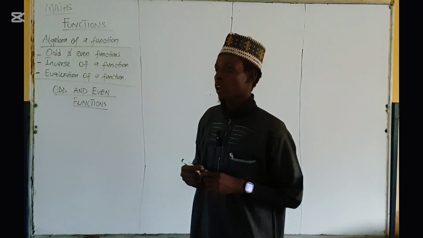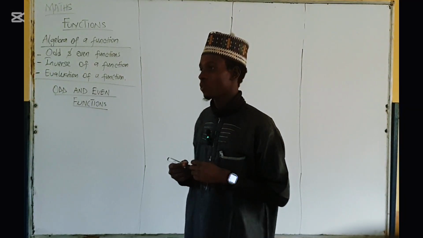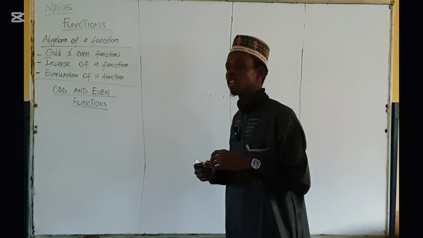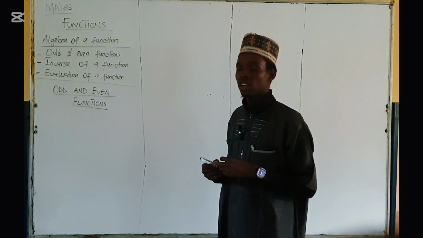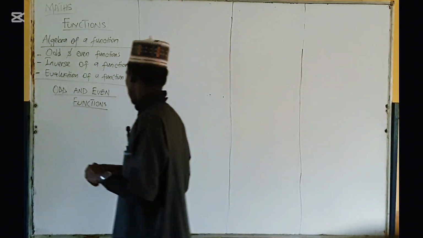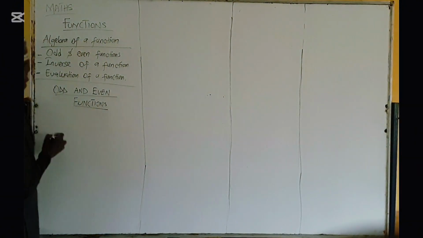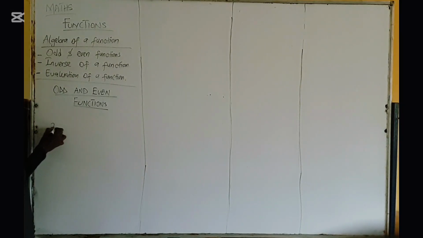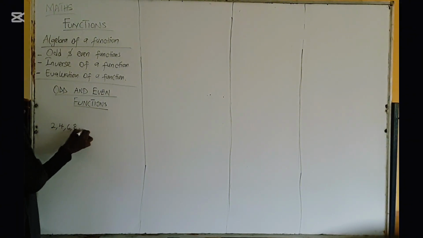Let us take us back to remember what are even and odd numbers. Even numbers are numbers that whenever you divide them by 2, the result is a whole number, like 2, 4, 6, 8, and the rest.